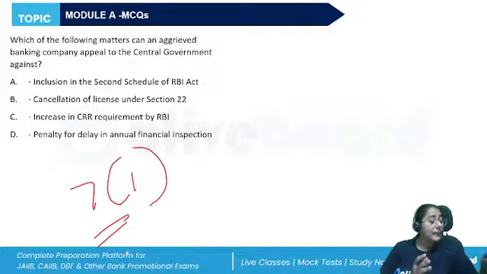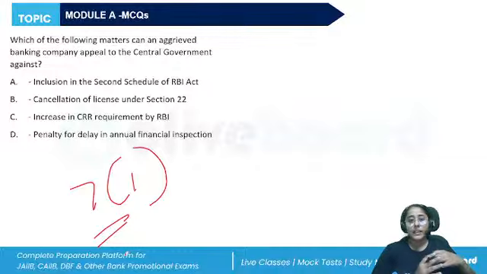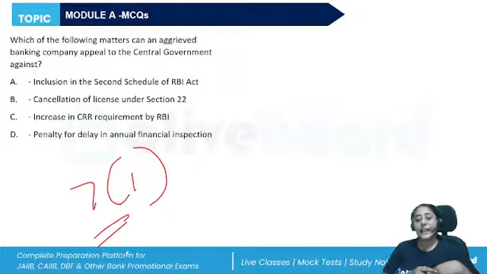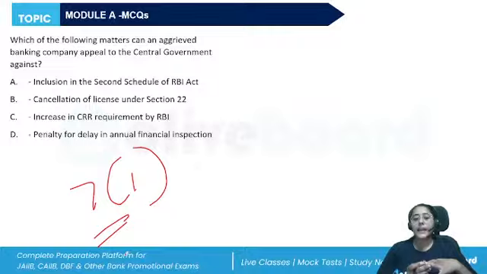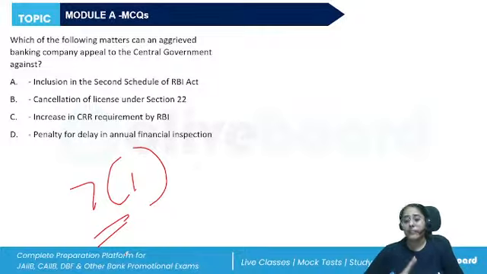So can you tell me when have these powers been used by the central government? When has the central government utilized these powers that are given to them under Section 7 of the RBI Act?